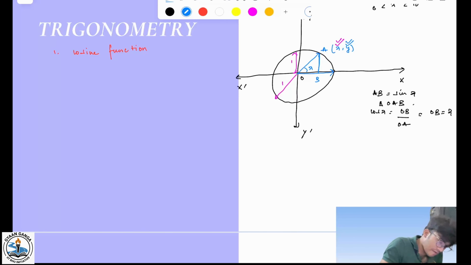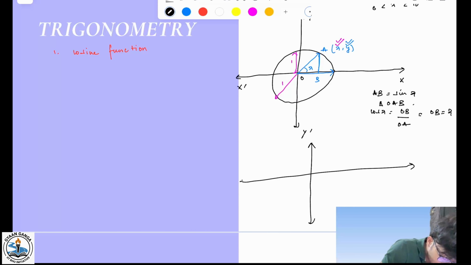Now when you draw the curve for the cosine function between 0 and 90 degrees, you'll observe that at 0 you start with 1 and then you go to pi by 2.